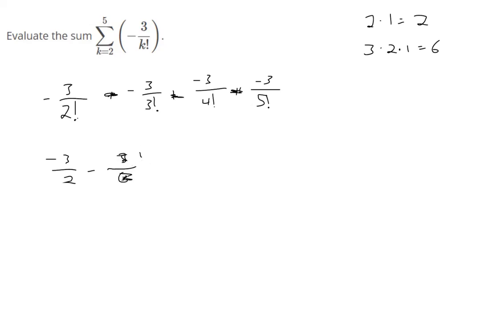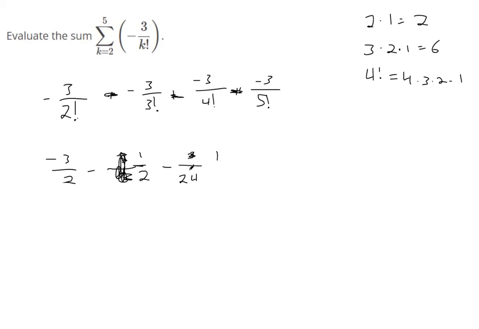That's a little simpler, right? There's a simpler fraction. And then over here, this is negative 3 over 4 factorial. So 4 times 3 is 12. 12 times 2 is 24. And then while we're here, why don't we just simplify this too? The top and the bottom can be divided by 3.